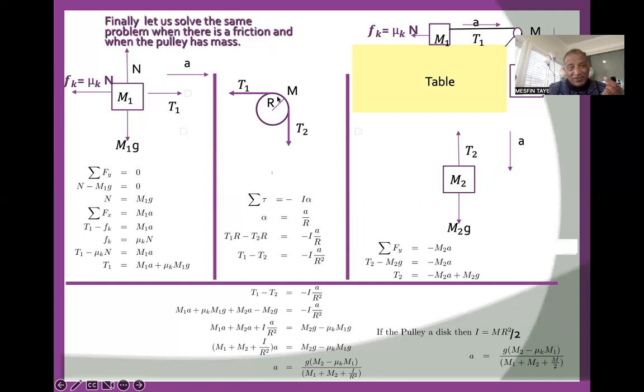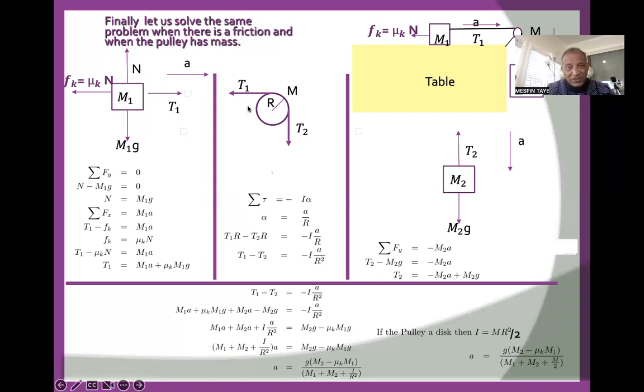Why is T1 R positive? Because T1 causes counterclockwise motion. Without T2, this could have rotated counterclockwise. So T1 times R is positive, because torque is positive for the counterclockwise direction.